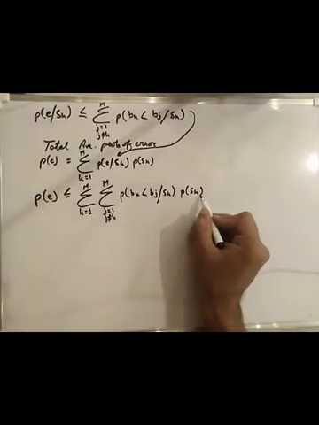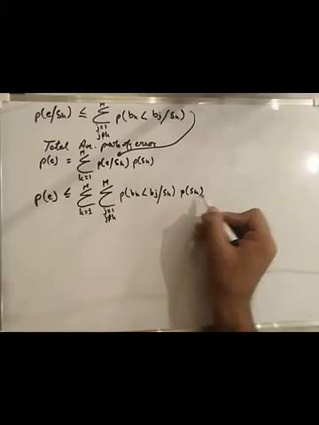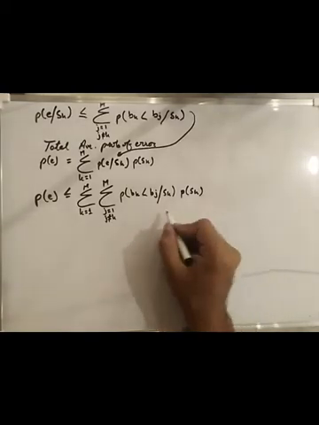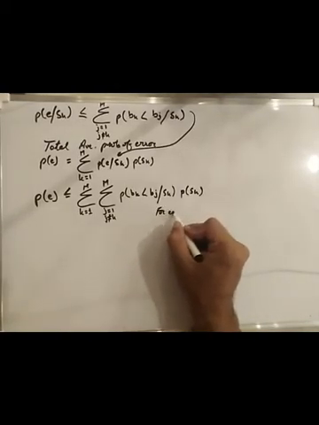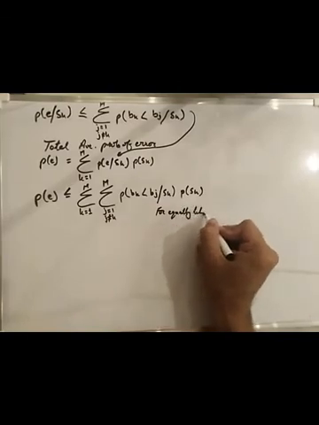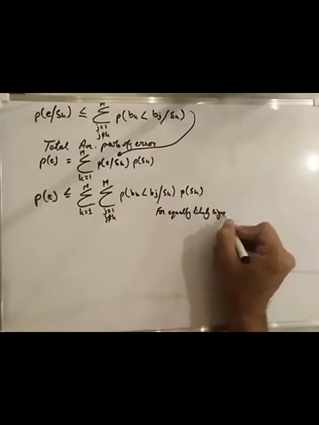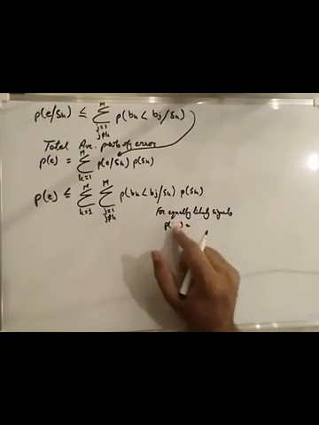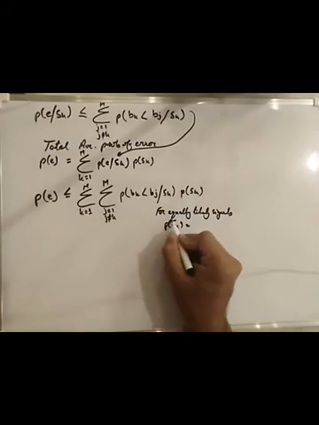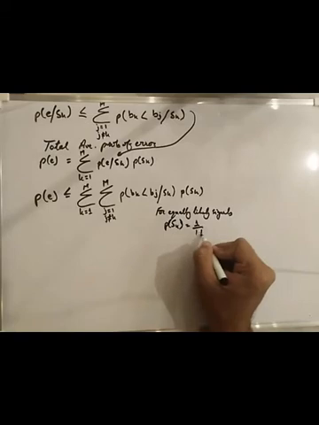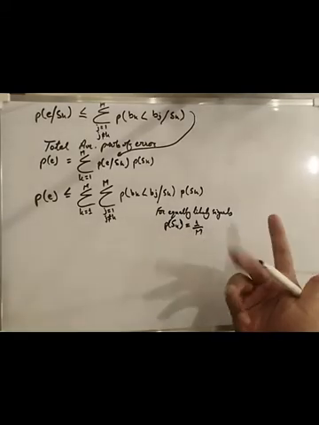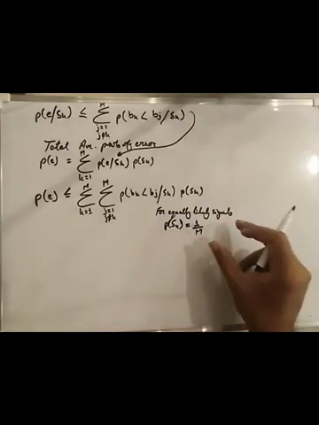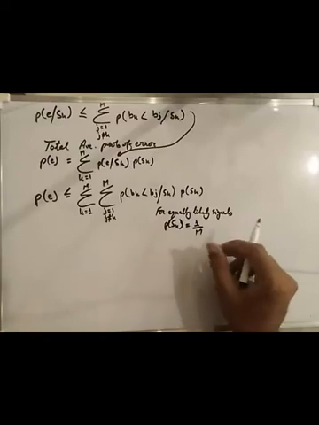The probability of Sk will be equivalent to a constant value, which is 1 over the total number of signal classes, M. So if you have two signal classes, then the probability of symbol class 1 would be equivalent to the probability of symbol class 2, which is 1 over 2.